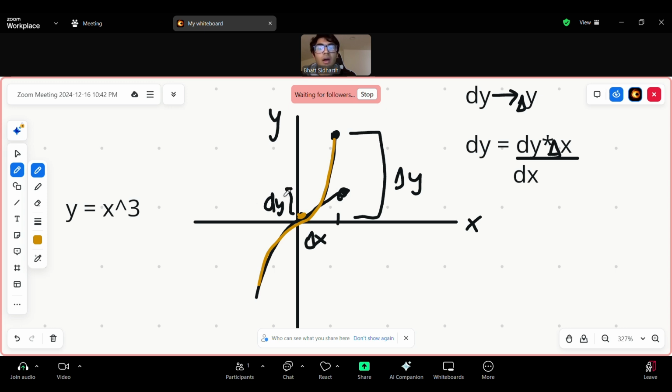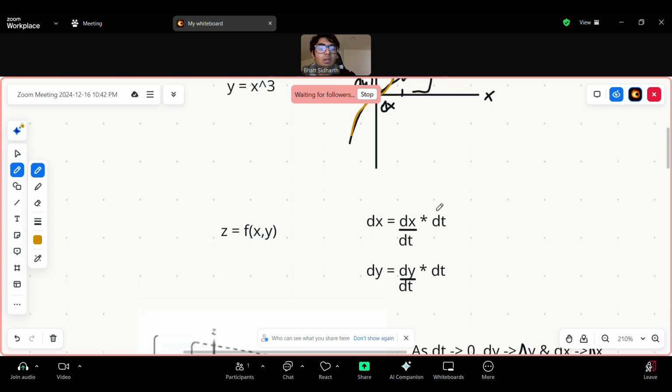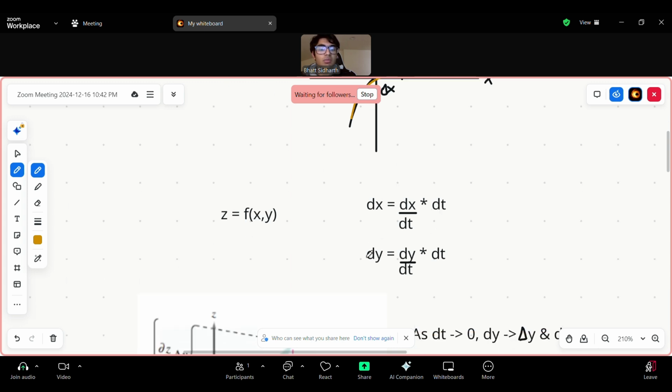And this dy is an approximation of delta y. And as delta x becomes infinitesimally small, our approximation becomes more and more correct, and dy approaches delta y.